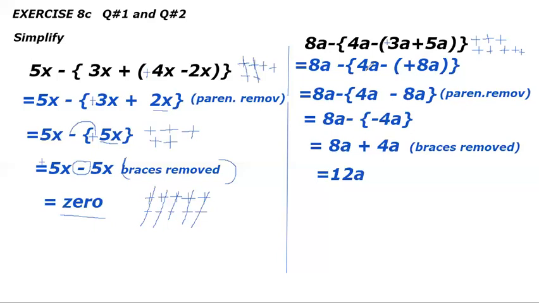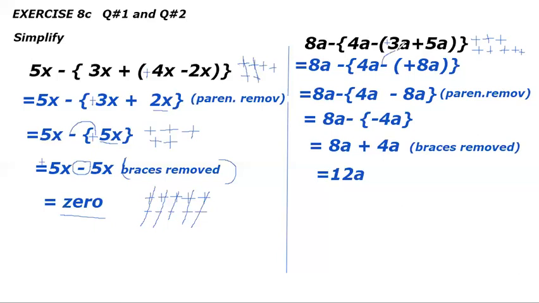4a will be copied down, negative sign, and 8a will be copied down from the above step. In the next step, we have to remove the parenthesis. And to remove the parenthesis, you can see this positive 8 will become negative 8. How? This parenthesis means multiplication.